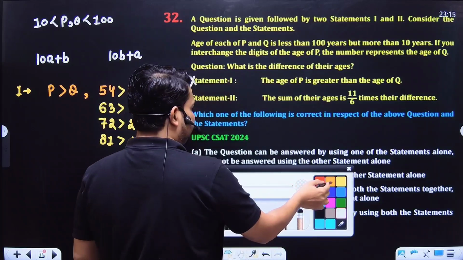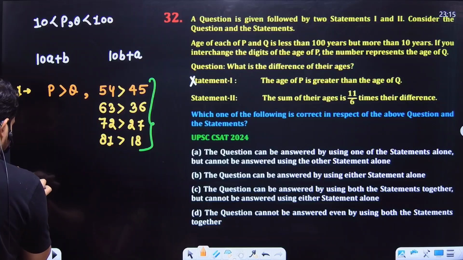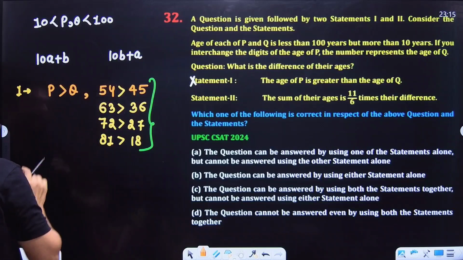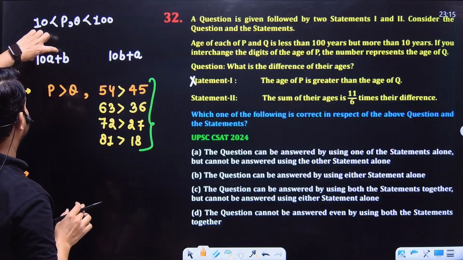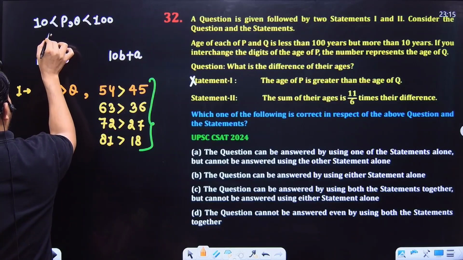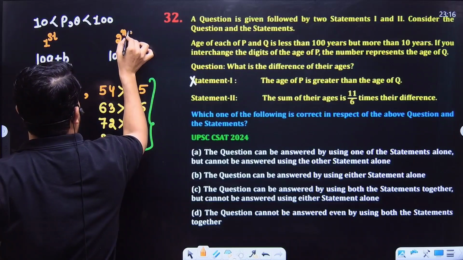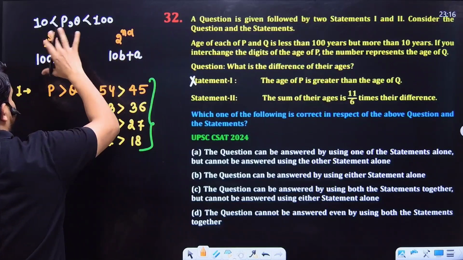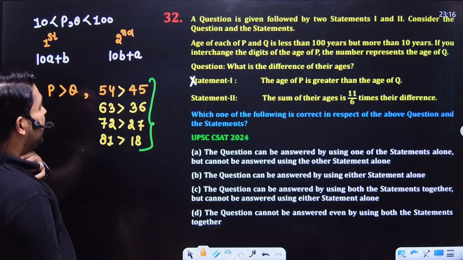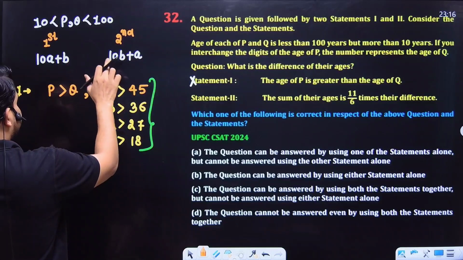I will come to statement 2. Statement 2 says that the sum of their ages is 11 by 6 times their difference. Suppose this one is the first person and this one is the second person. I am not writing them as P and Q. If I add, 10A plus A is equal to 11A, B plus 10B is equal to 11B.